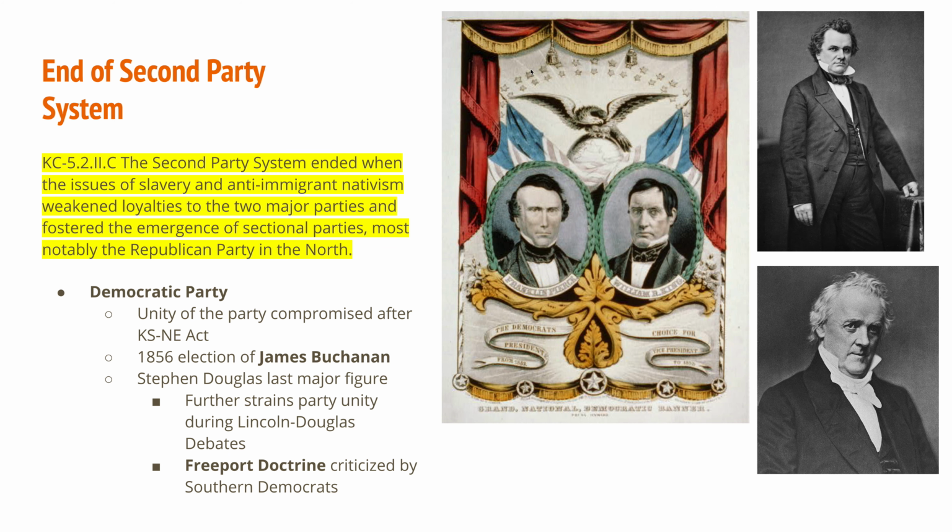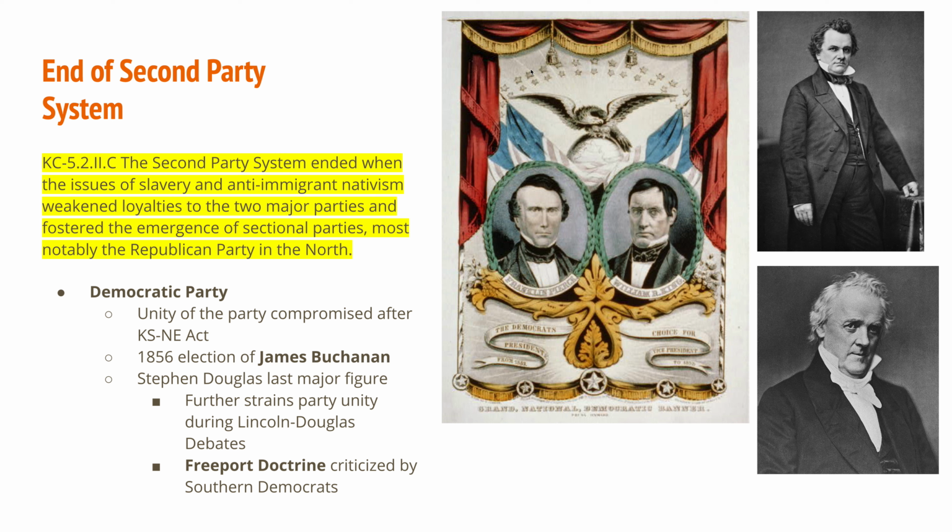All right, so the Democratic Party, despite surviving this period, are also having problems of their own. The unity of the party is compromised after the Kansas-Nebraska Act. The Southern Democrats were happy that Kansas and Nebraska could now possibly become slave states, and the Northern Democrats are angry that slavery might be able to spread.